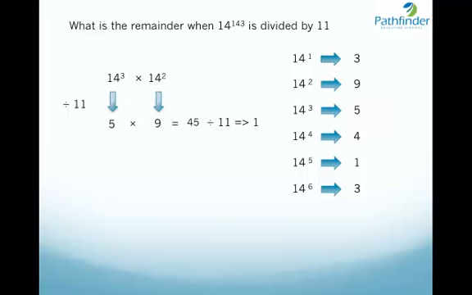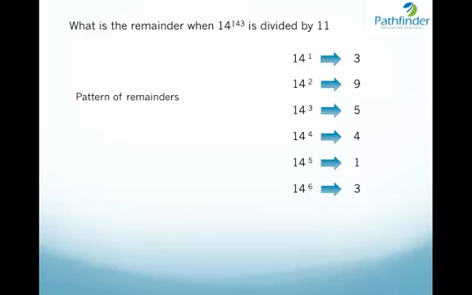So from 14 to the power of 6, the remainder is going to start to repeat. So for 14 to the power of 6, the remainder is the same as the remainder for 14 to the power of 1, which implies that the pattern of remainders repeats after every 5 terms. Now we can utilize this information to answer our question.